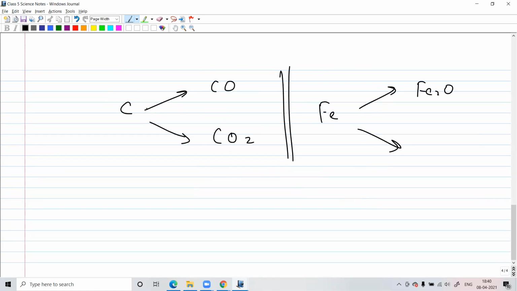One is Fe2O3 and then Fe3O4. This one is ferrous oxide, this is ferric oxide. Or maybe sometimes I forget the name. Let me confirm. Sometimes I mix up the name. Just let me check that.